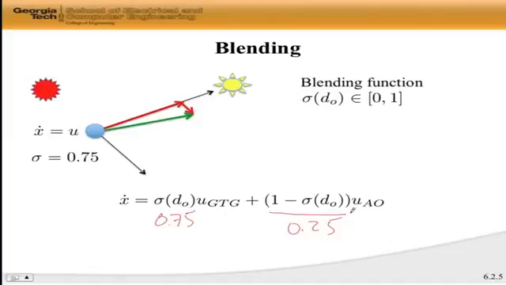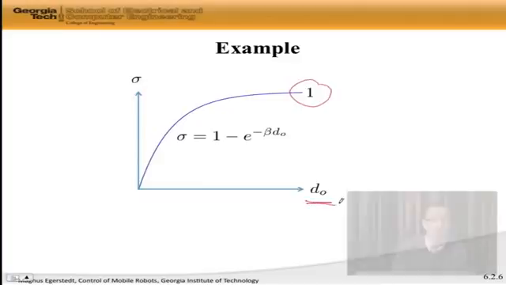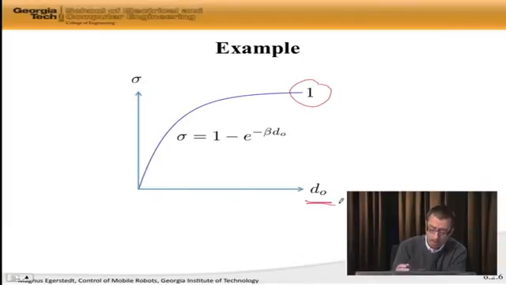Now, you have to design the blending function, and a very standard way to do it is something like an exponential like this. So what's going on is sigma is basically 1 for large dO values, and when sigma is 1, that means that we're only going towards the goal. And then as we get closer to the obstacle, so dO becomes small, then all we're doing is avoiding the obstacle.